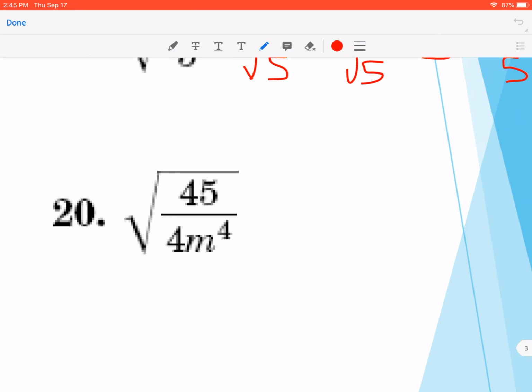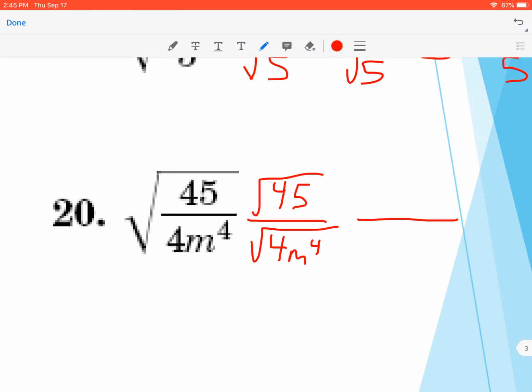Same thing. This is almost just like number 19. If you were to take these out individually, you don't need to multiply top and bottom by 4m to the 4th. Look at what 4m to the 4th is. Everything's a perfect square. The square root of 4 is just 2. And how many pairs can you get out of 4 m's? Wouldn't that be 2 pairs? So there's no radical left. You didn't even have to do any work on this one.